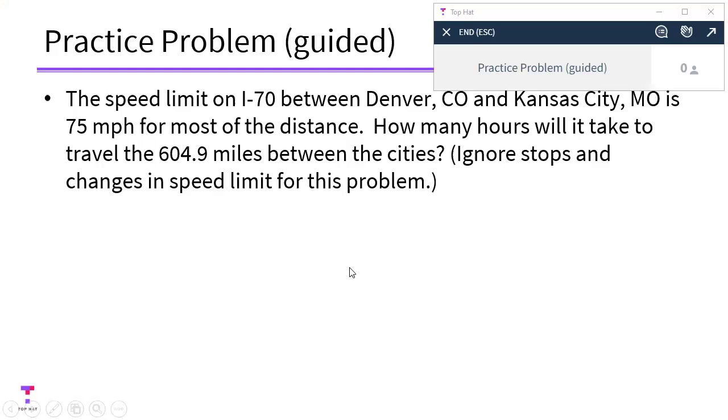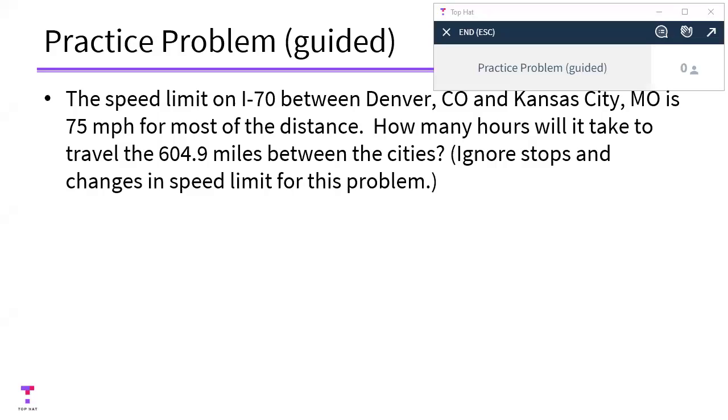All right, let's take a look at some other kinds of unit conversion and dimensional analysis problems that might come up along the way or might be something you see on the quiz. Let's look, for example, at combination units. The speed limit on Interstate 70 between Denver and Kansas City is 75 miles an hour for most of the way.